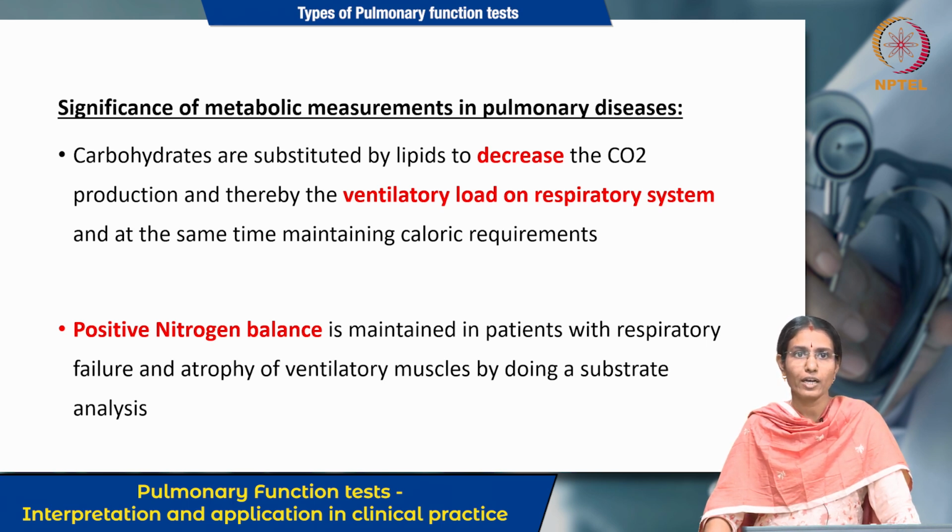Not only that, a positive nitrogen balance has to be maintained in people who have respiratory failure and atrophy of the respiratory muscle. A substrate analysis can be done and a positive nitrogen balance can be provided. So these are the applications of these metabolic measurements.